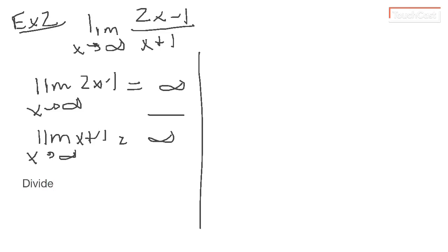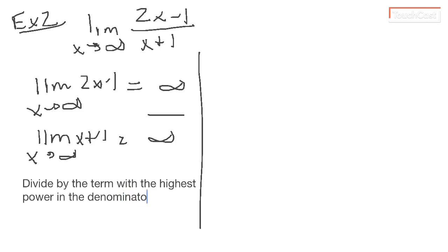Divide by the term with the highest power in the denominator. And that is just the variable portion of it.